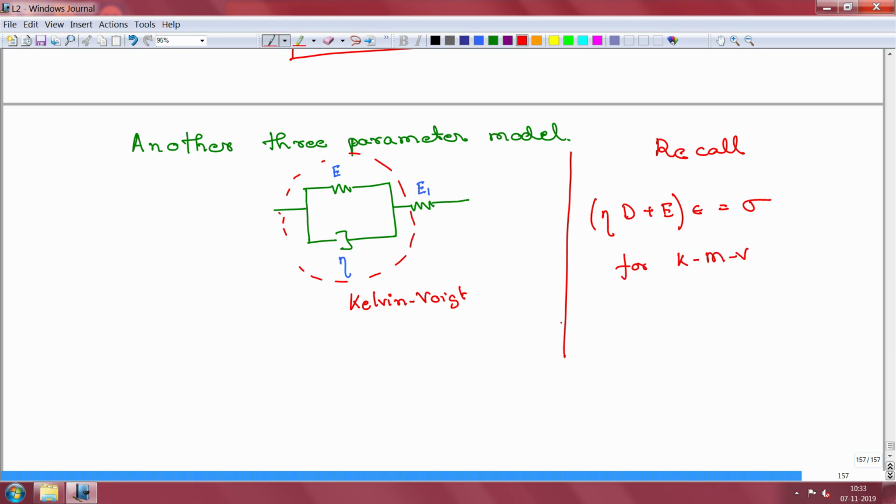Now let us analyze this system such that the displacement seen by the first body is delta x kV, and the force it experiences is F kV, a function of time. The spring on the other hand is going to see an extension of delta x s and a force of Fs.